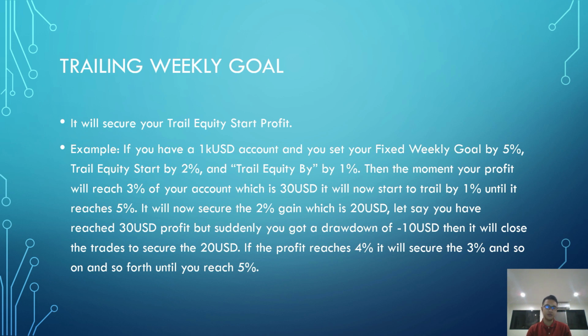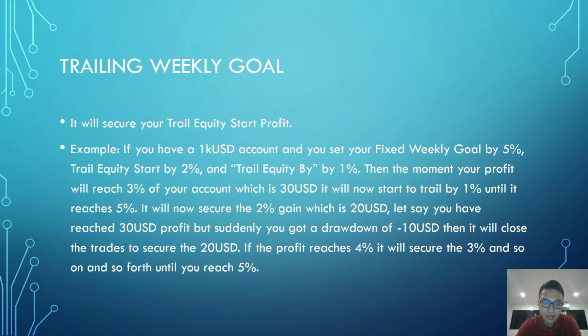So let's say, for you not to be confused, let's have an example. If you have a 1K USD account and you set your fixed weekly goal to 5%, trail equity start to 2%, and the trail equity buy to 1%, then the moment your profit reaches 3% of your account, which is 30 USD, it will now start to trail by 1%.